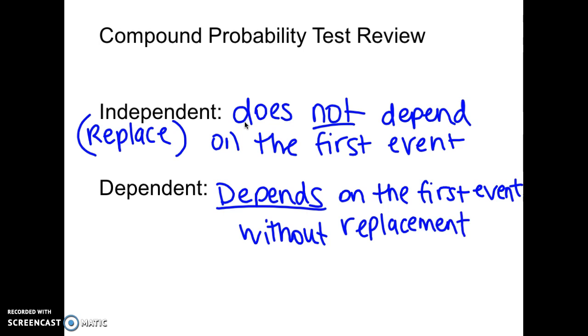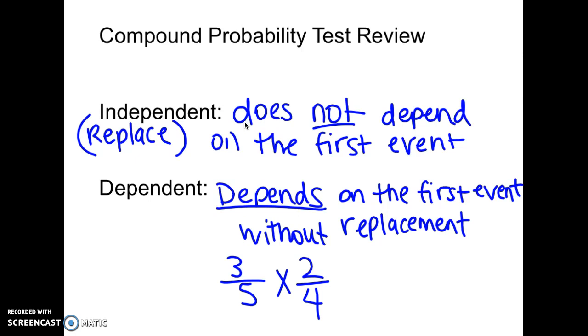Let's say that you have 5 letters in a cup and you pick out 3 of those 5 letters and then you want to pick out another one, but you don't replace it. Then it depends on if it's the same kind, like say you had 3 blues and you want to pick out another blue, well, you took out a blue.